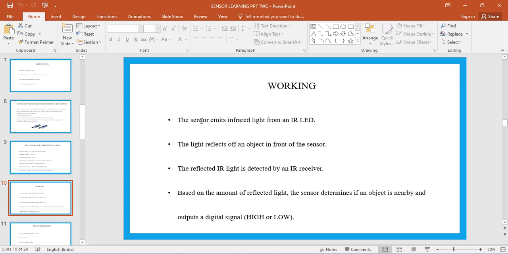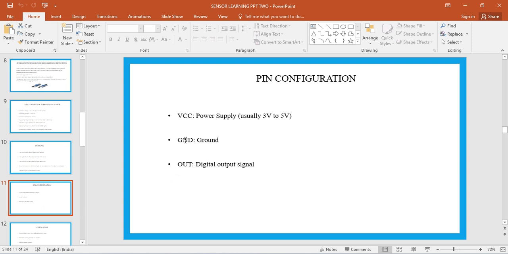Seeing the working, it emits infrared light from the IR LED. The light goes to the target and is reflected back from the destination, so it reaches the source again. The source includes a receiver LED, which receives the emitted and reflected IR light, and with that information we measure the distance between the source and the destination.